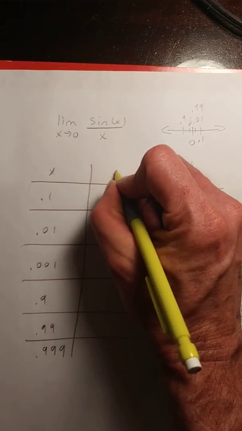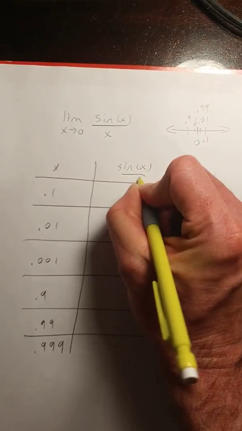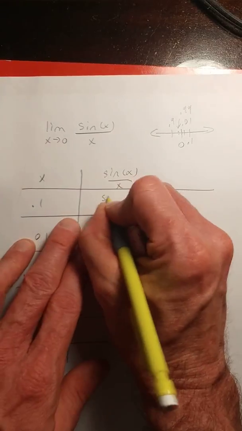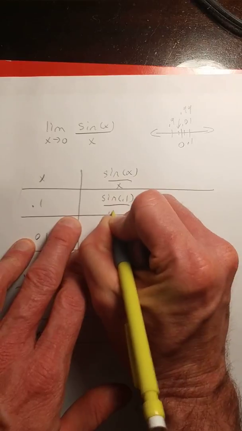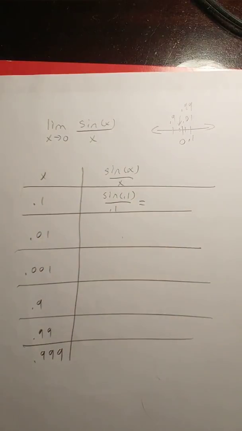So if we do sine of x divided by x, which will be sine of 0.1 divided by 0.1, I'll write that down and punch that in the calculator right here. I need to be in radians.